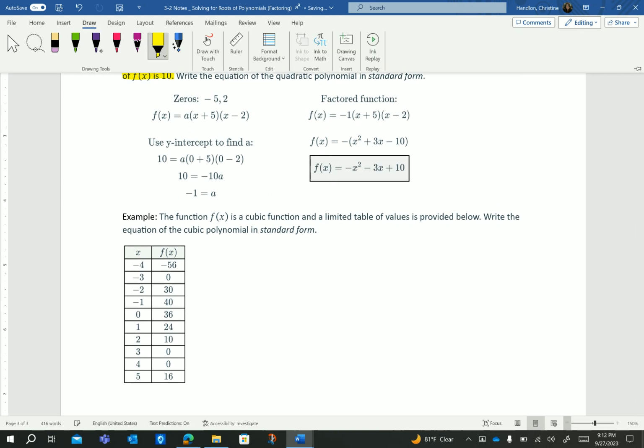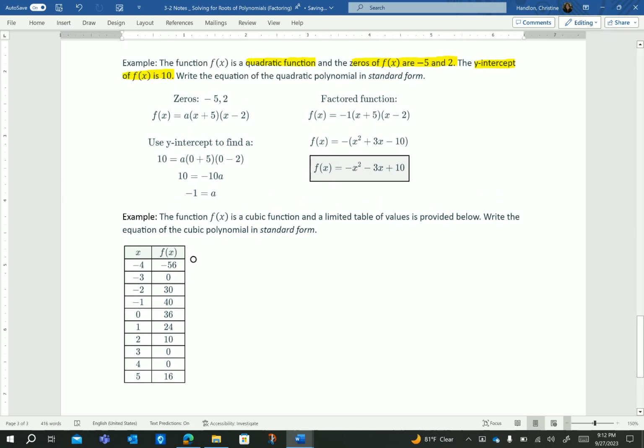Okay? So our function's a quadratic, we know that the degree has to be a 2. So the highest power is going to be a 2. The zeros are -5 and 2. So what does that mean?